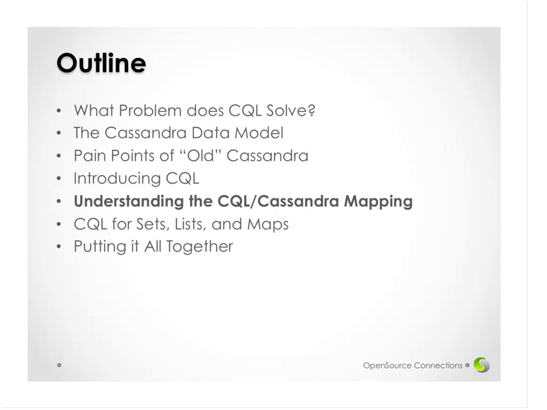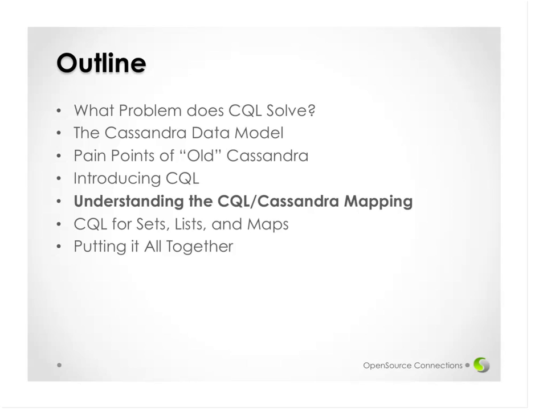All right, so a quick outline of what we're going to talk about today. I want to first talk about the problem that CQL solves. And a lot of that is going to require us to dig back a little bit into the underlying internal Cassandra data model. We will then point out some of the usability issues surrounding the use of the old Cassandra paradigm, and then we'll introduce CQL, which proposes to solve a lot of these issues that we've seen in the past.